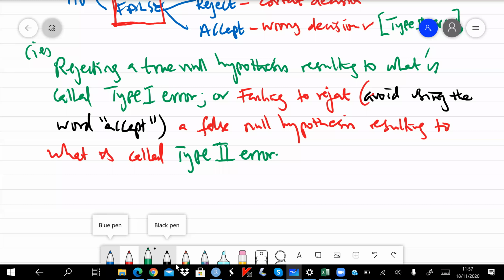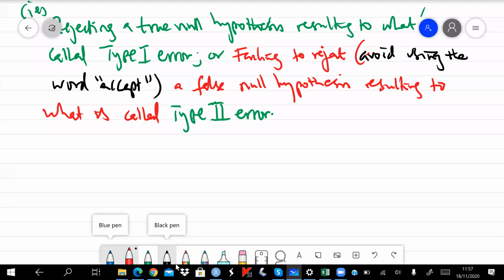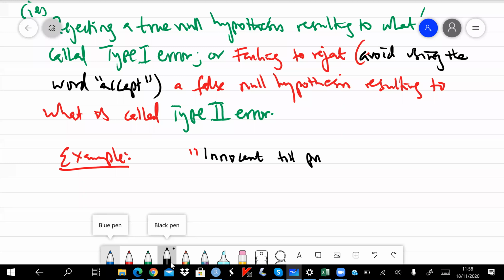Okay. Then for instance, we can consider this illustration in the corridors of justice. When a suspect is arraigned before the court of law, the initial assumption is that the person is innocent until proved guilty. That's the initial assumption of the judge or of the court, that every suspect is innocent until proved guilty.